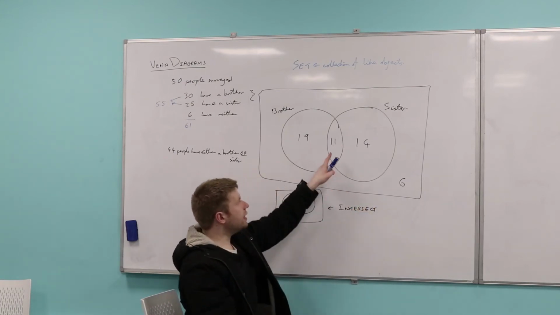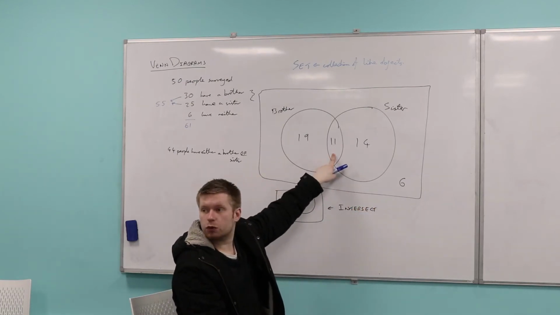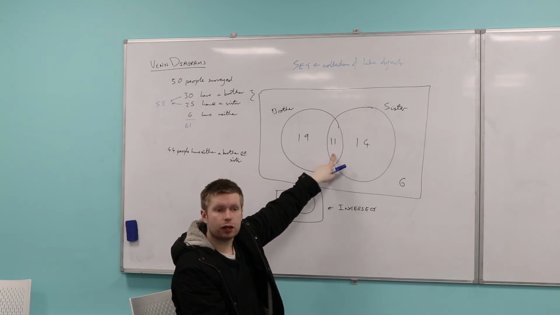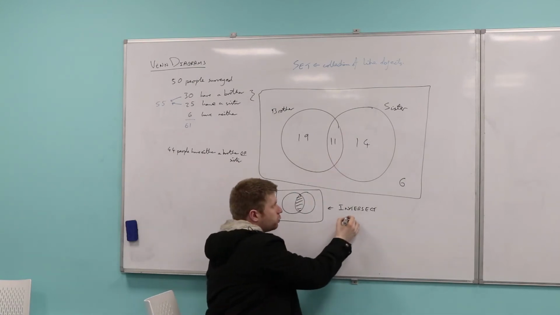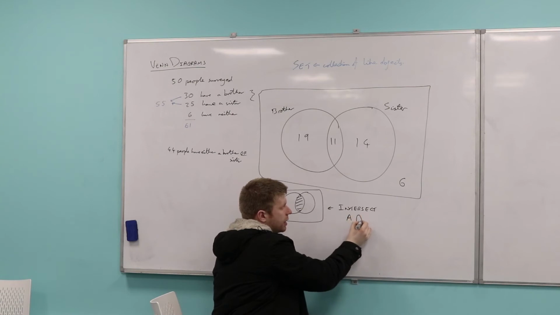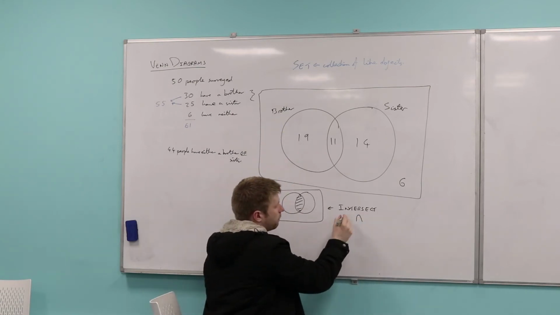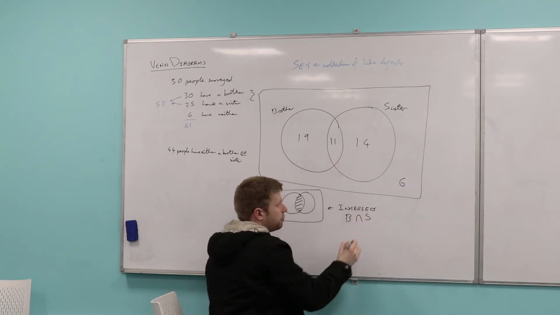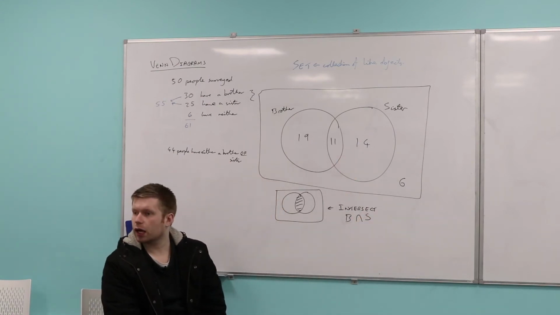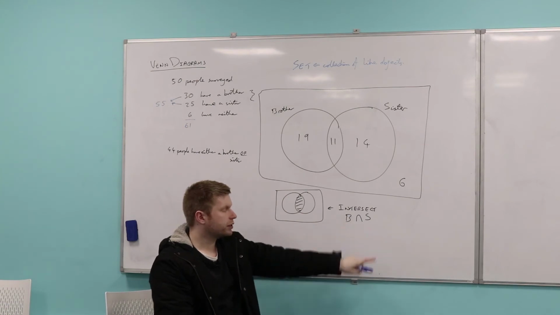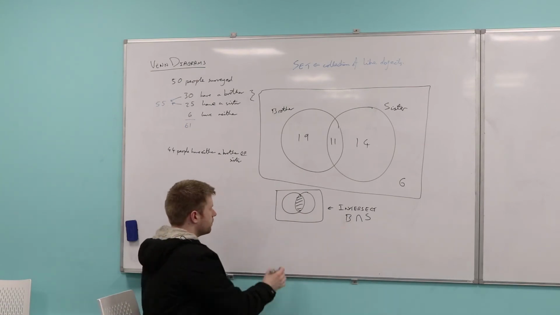Because they intersect both sets, where both sets intersect each other. So this would be the A intersect. Let's use B for brother and S for sister. So this would be B intersects S. So the intersection point of the brothers and the sisters.